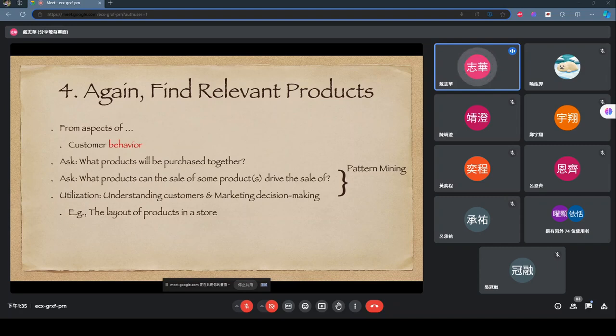But in pattern mining we concern not every. What we concern is most. What does it mean, most? It means 80% or 70%. We give a threshold.